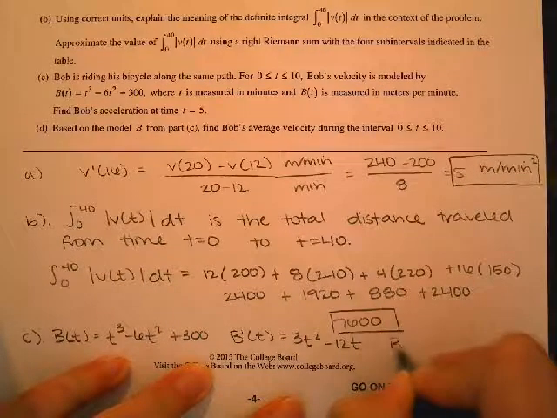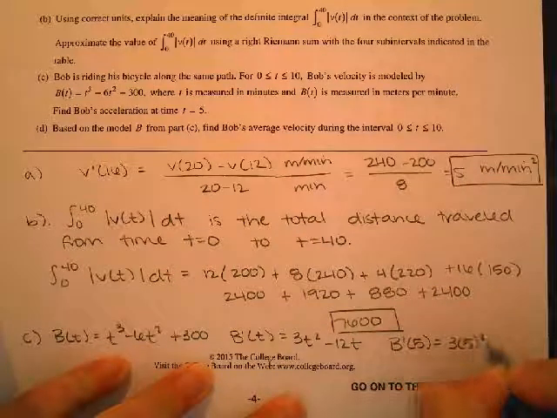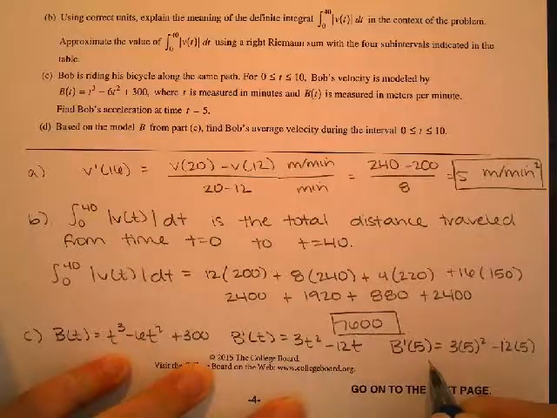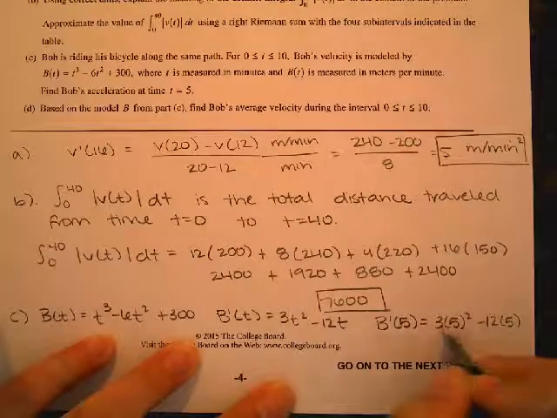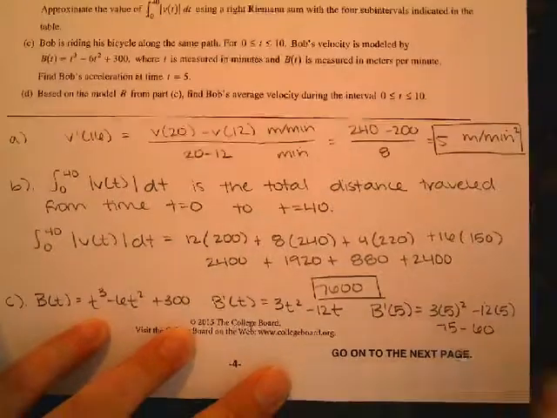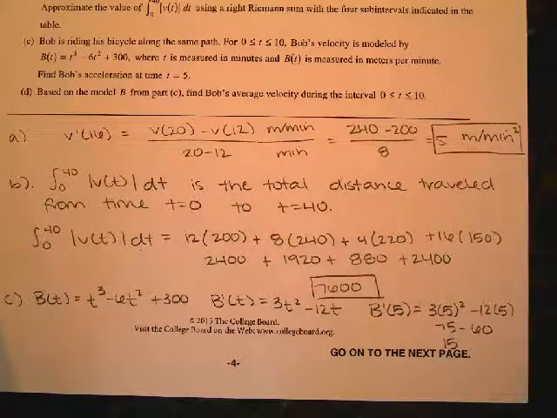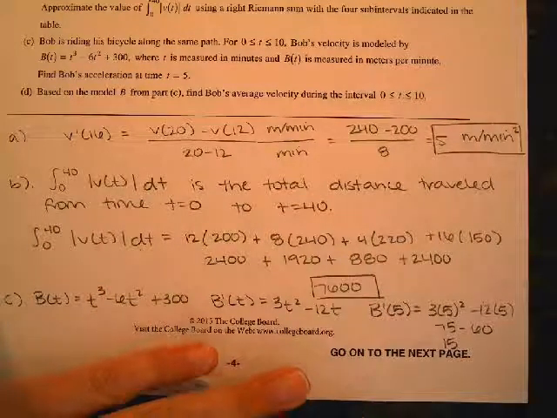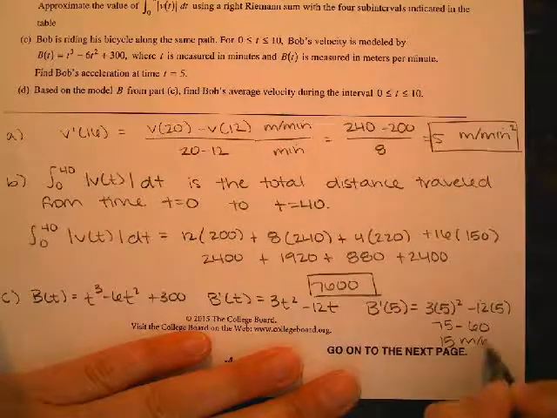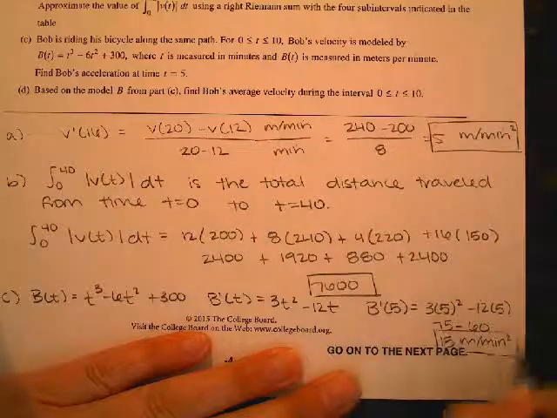And then we can go ahead and plug in 5. So you can leave it like that, or you can say 3 times 25 is 75 minus 60. So it looks like his acceleration is 15. Meters per minute, so it'd be meters per minute squared. They did not say you had to have the units, so you can probably leave those out.